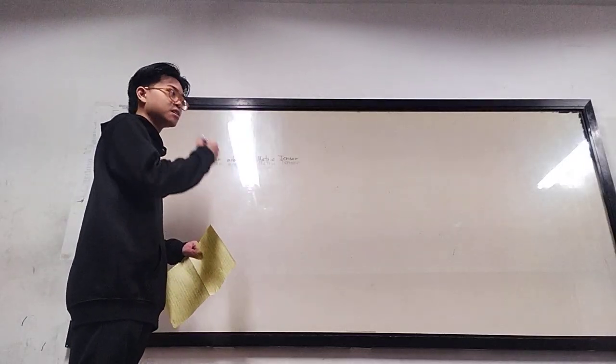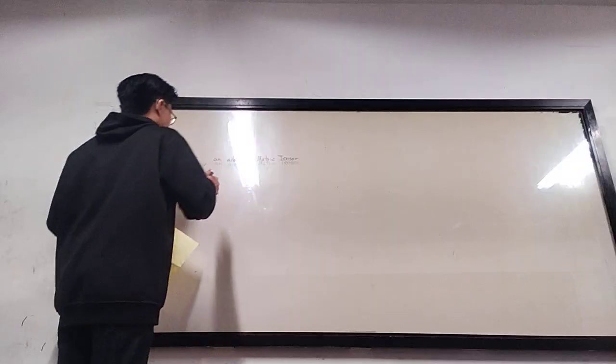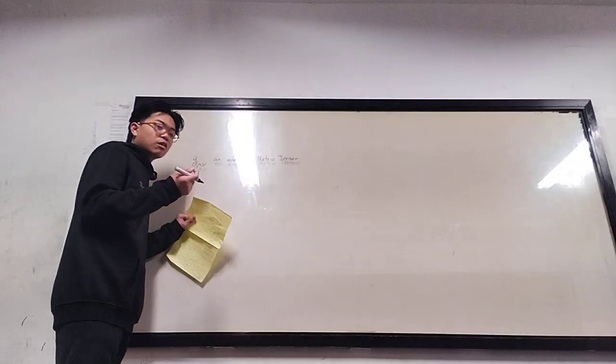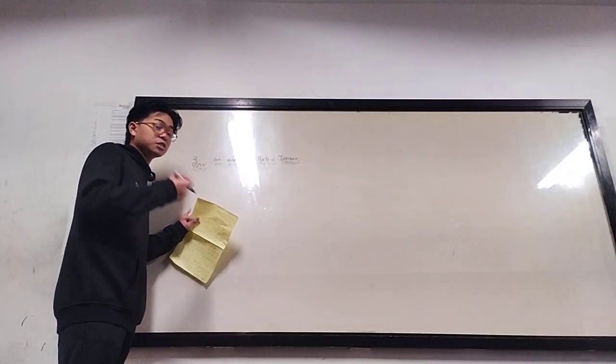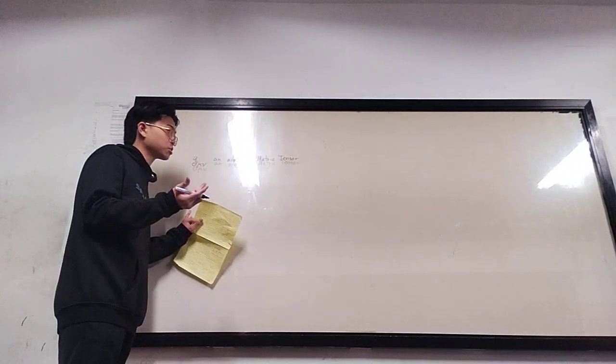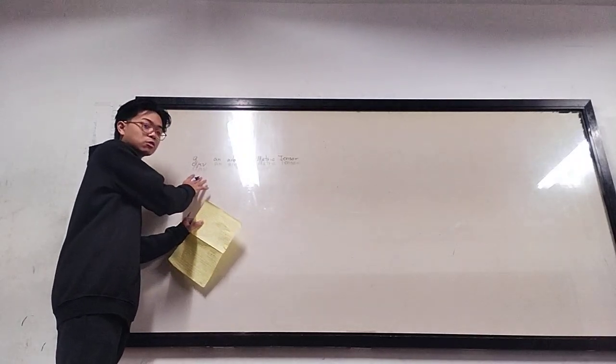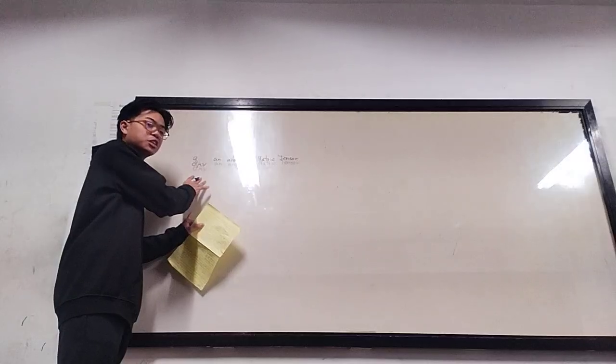So what is then the action S? So this time we are considering still the parametrization. However, we're now considering an arbitrary metric tensor rather than just the Minkowskian metric.